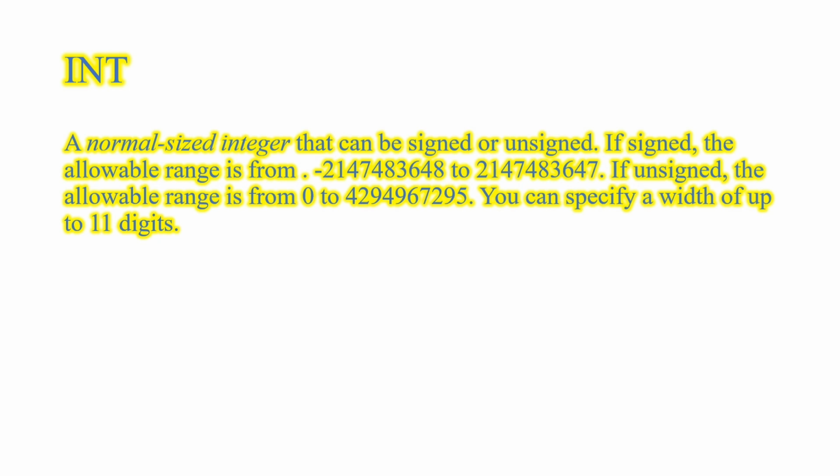If signed, the allowable range is from -2147483648 to positive 2147483647, with 0 included in between. If unsigned, the allowable range becomes just double and is from 0 to 4294967295. You can specify a width up to 11 digits.